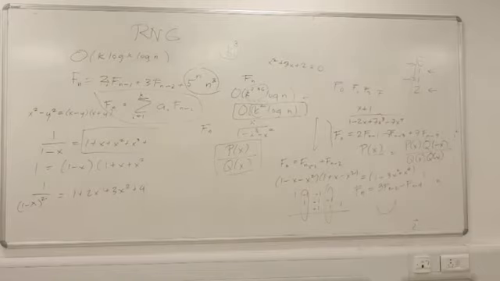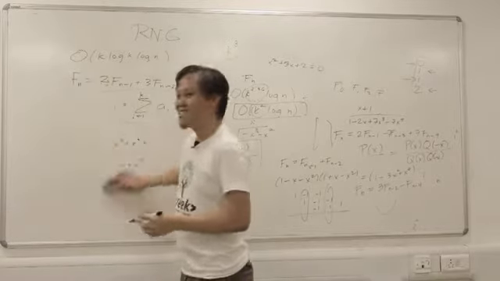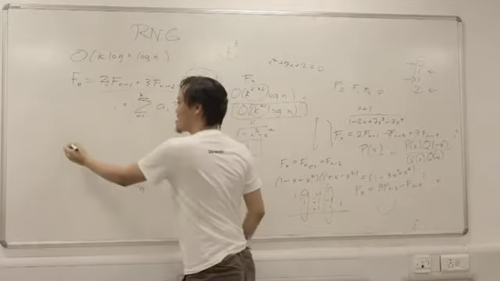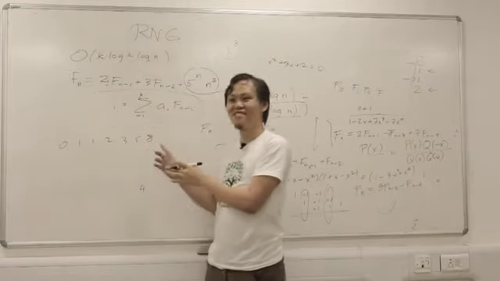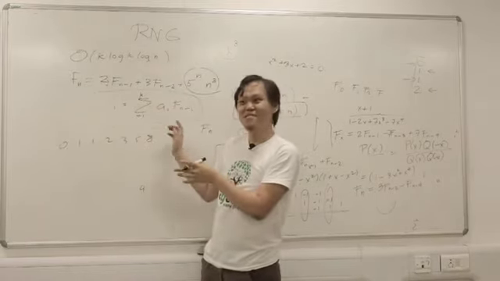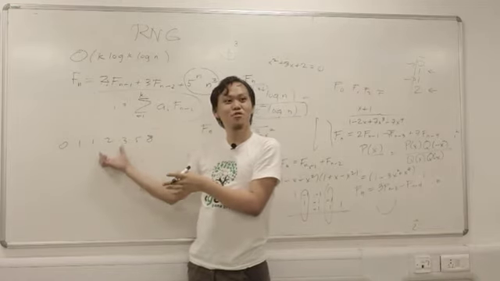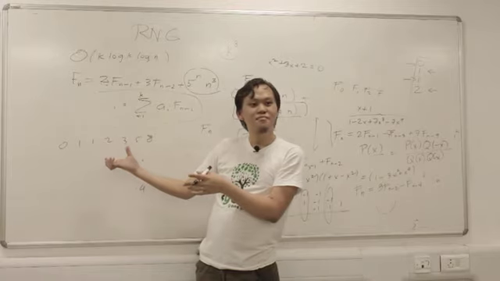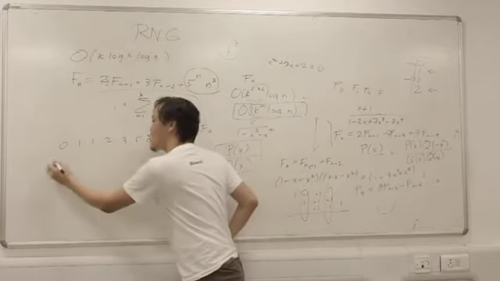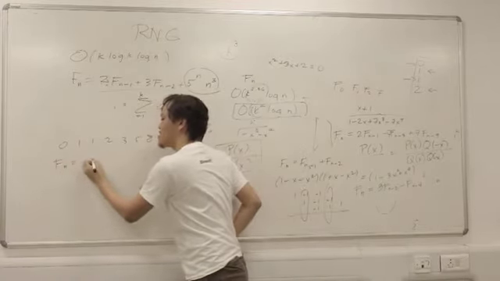So, how does that work? Let's say I gave you some sequence: 0, 1, 1, 2, 3, 5, 8. You don't know what it is, right? But I tell you there's a clue that this one satisfies an order 2 recurrence. So you know that you have some form like this.